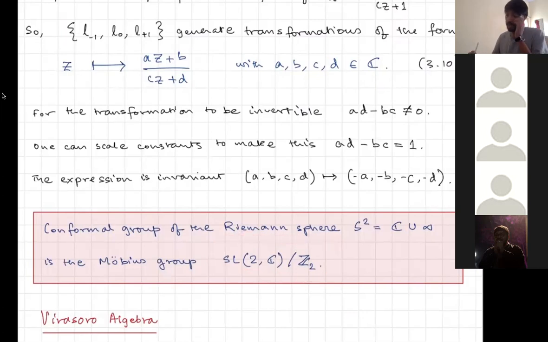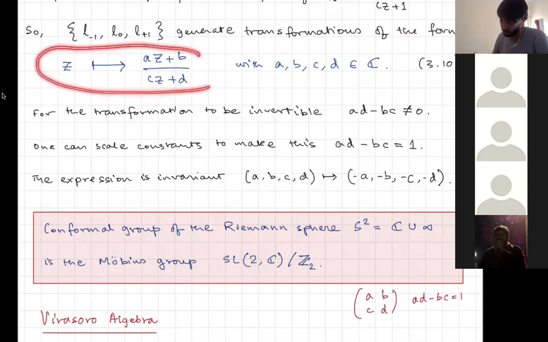SL(2,C), as you can understand, is the group of matrices with complex entries a, b, c, d such that the determinant is equal to 1, and we have modded out by Z2 because we also pointed out that all of these going to minus themselves keep this transformation unchanged.